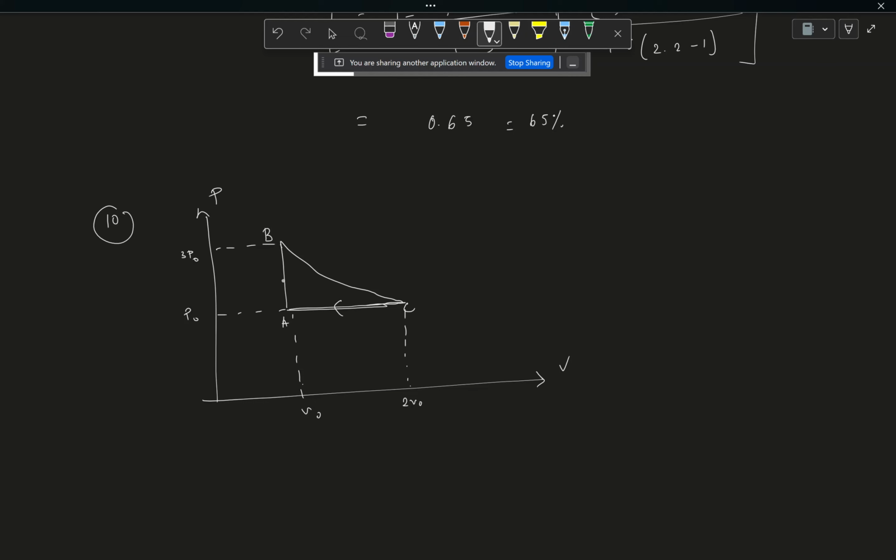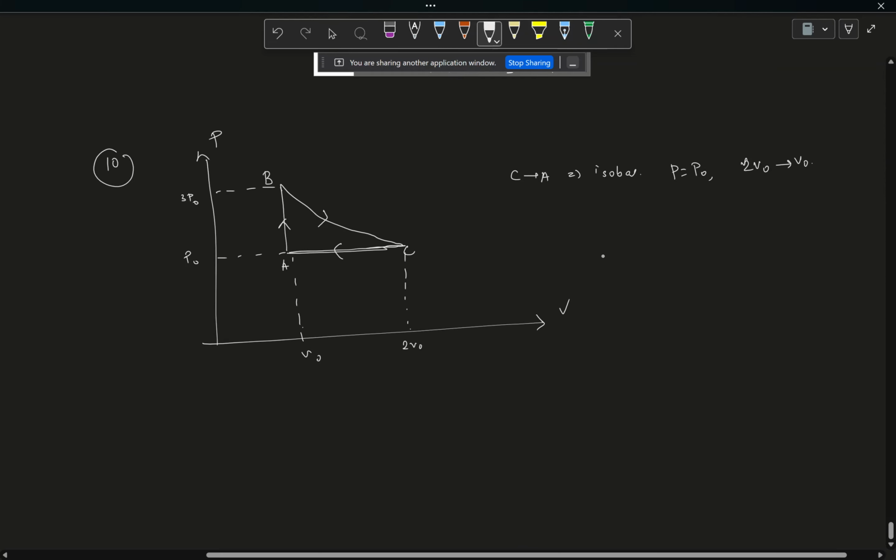As per this question, it has three steps: C to A, A to B, and B to C. C to A, you can see this is a line parallel to the volume axis. That means here the pressure is constant. So this is the isobar where the pressure is constant at P0, and the volume is changing from 2V0 to V0. So this is a compression process. A to B is a line parallel to the P axis, so here the volume is constant.